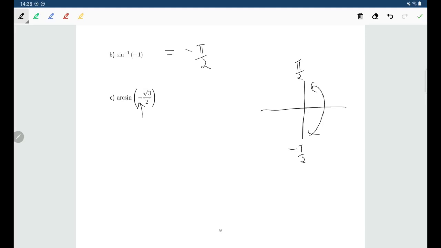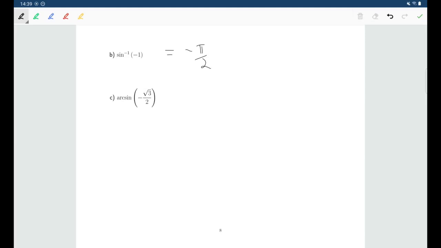Now, in quadrant 1, you know that sine would give you a positive value, and so whatever our angle is, it's certainly not in quadrant 1. We know our angle then has to be in quadrant 4. It needs to be somewhere between negative pi over 2 and 0 radians.